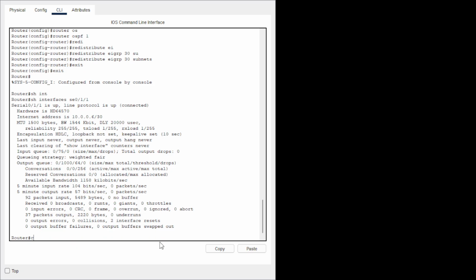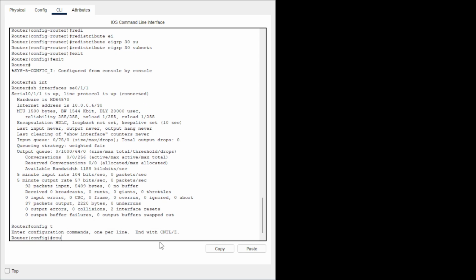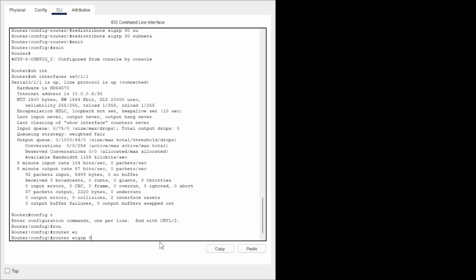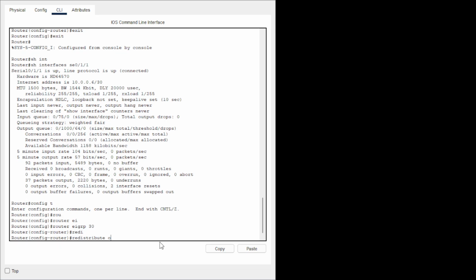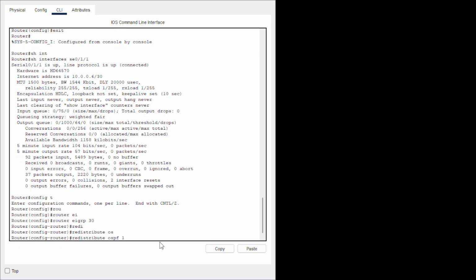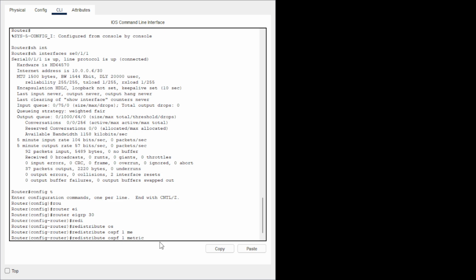So now we can jump into it. Now config T, router EIGRP ASN number 30, and we have to redistribute our OSPF with process ID 1 with metrics as 1544, and the delay should be a multiple of 10.